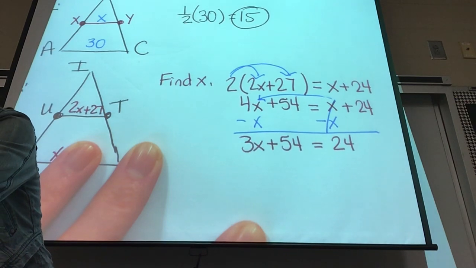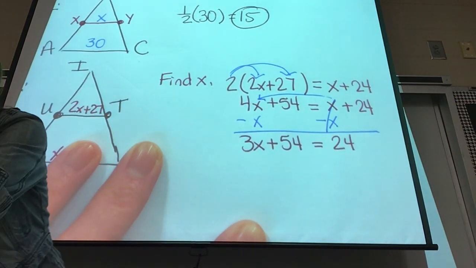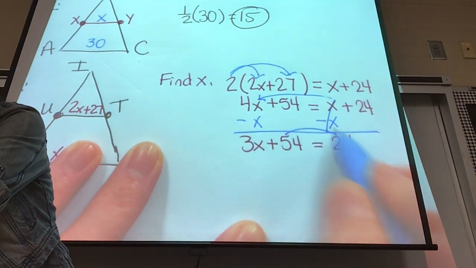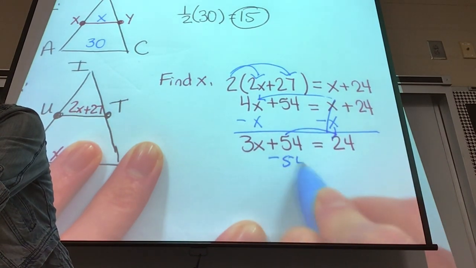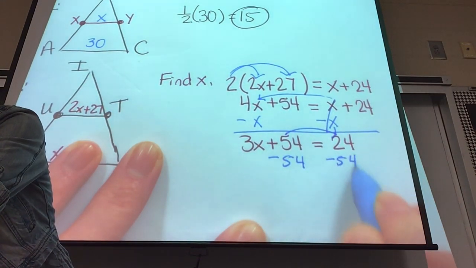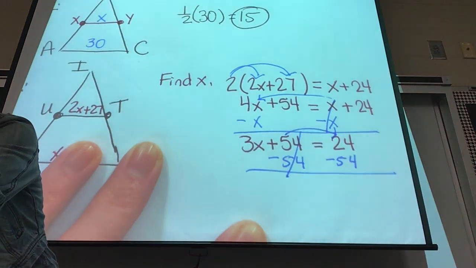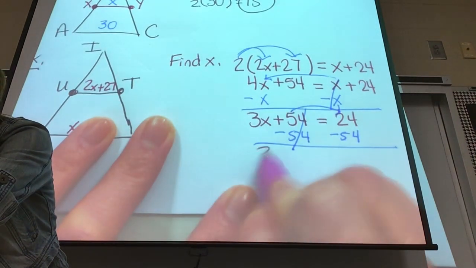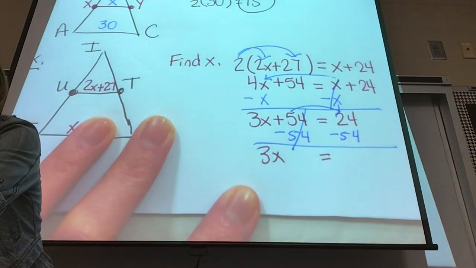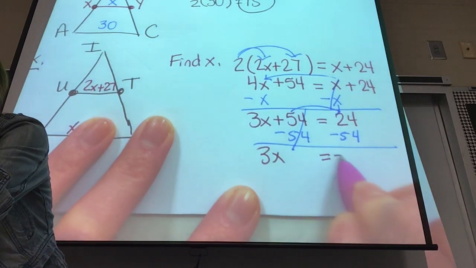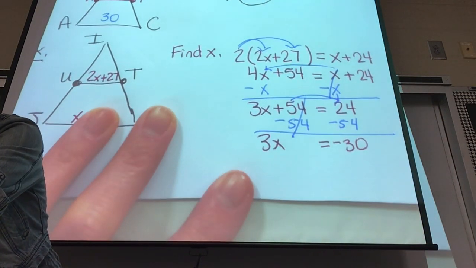So now, what do I do? Subtract 54. Move the 54 back by subtracting it. So now it's 3x equals negative 30. -30.